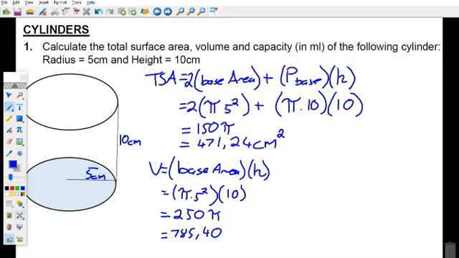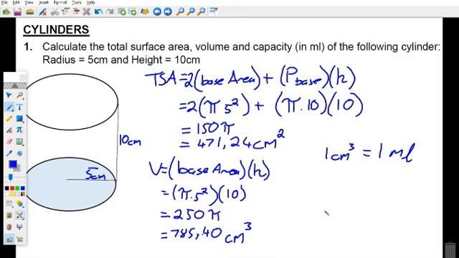Okay. So what's my unit going to be? Centimeters cubed. And now remember, they want the capacity, the conversion. 1 centimeter cubed is equal to 1 milliliter. So if they've got 785.40 centimeters cubed, how many milliliters do we have?